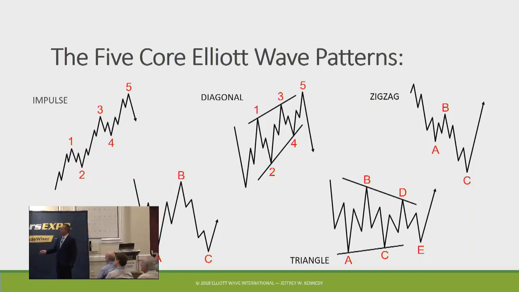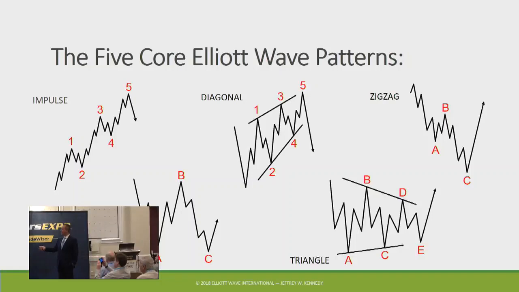Also, it's important to mention that the wave principle is fractal. Does everybody know what I mean by fractal? Okay, let me clarify. A fractal is a self-similar pattern regardless of scale. For example, 1 mile of coastline looks like 100 miles of coastline when viewed from space.